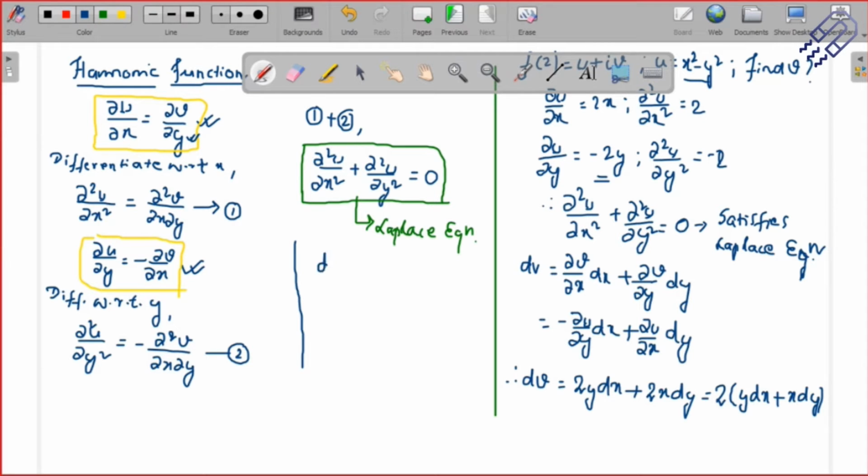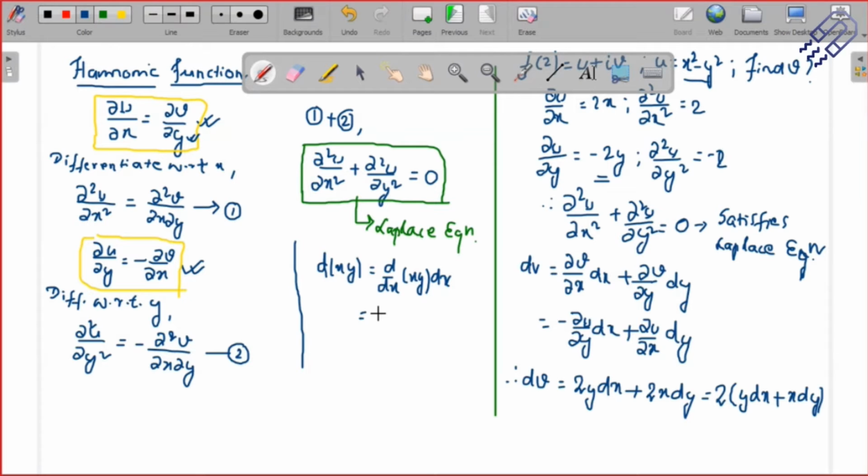Let's write it this way. If I write d of xy, there are two parts here, so I can write it as d/dx of xy times dx.